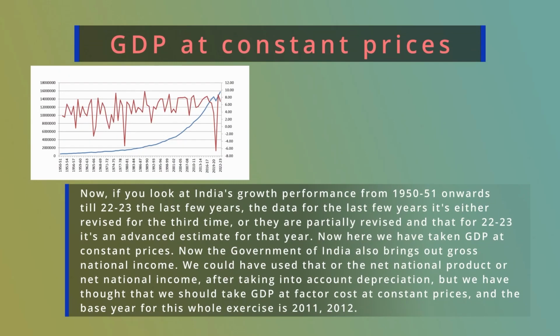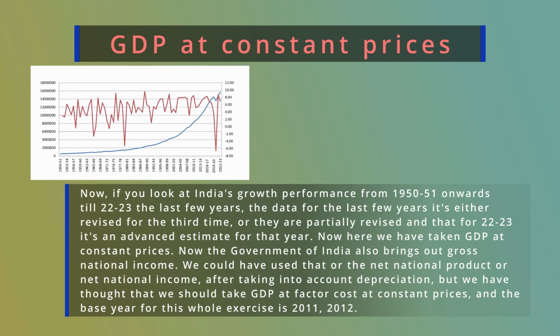Now, if you look at India's growth performance from 1950-51 onwards till 22-23, the data for the last few years is either revised for the third time or partially revised, and for 22-23, it's an advance estimate. Here we have taken GDP at constant prices.